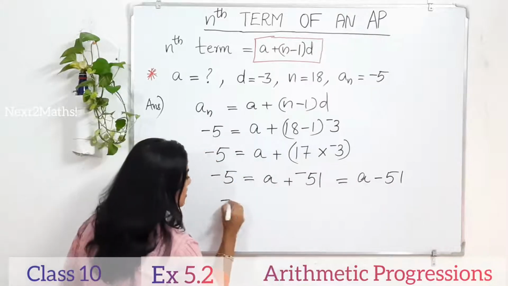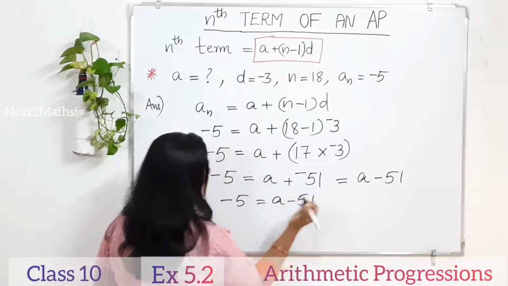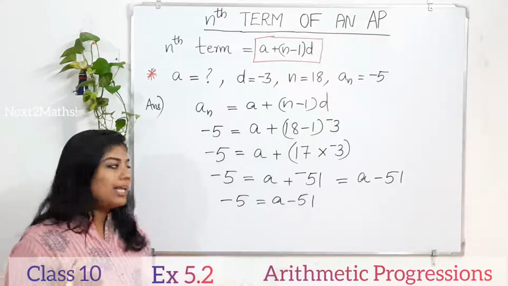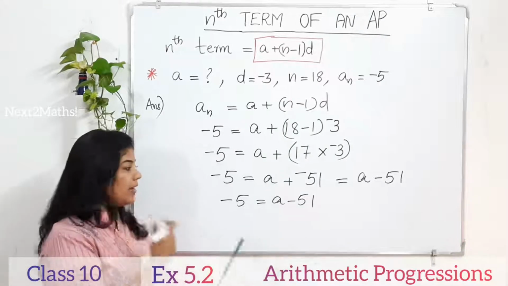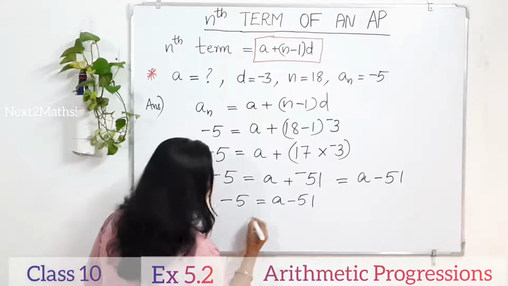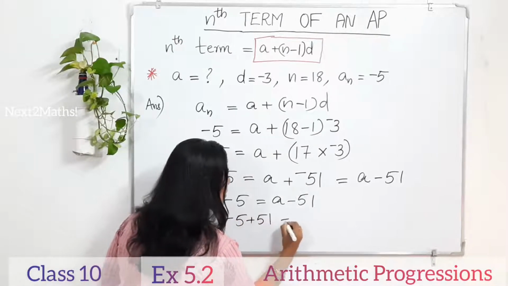So now you got negative 5 equal to a minus 51. So what is a here? This negative 51 is moving to this side, so it will be plus 51. So we get negative 5 plus 51 equal to a.